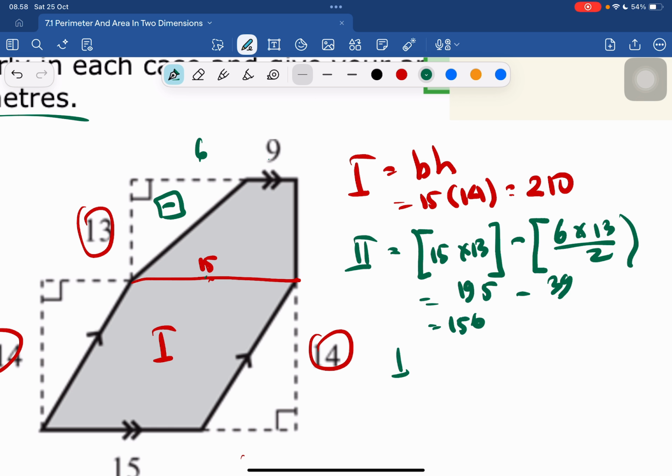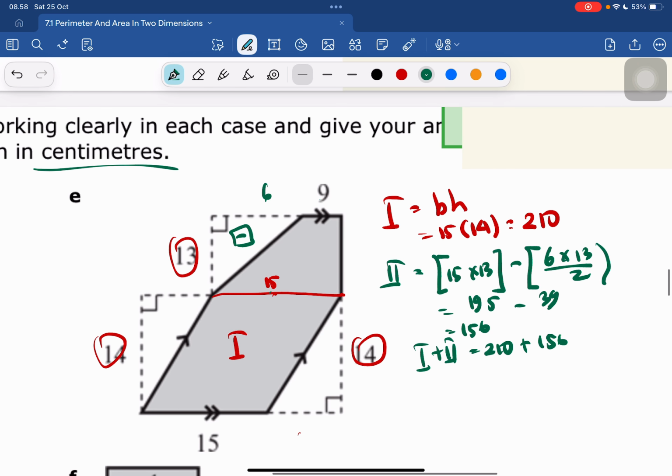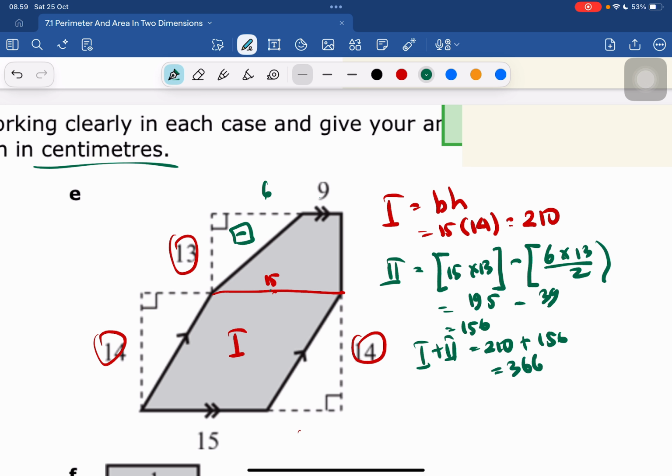So first plus second is 210 plus 256, not 205, 156. So this will give us the answer of 366 centimeter cube.